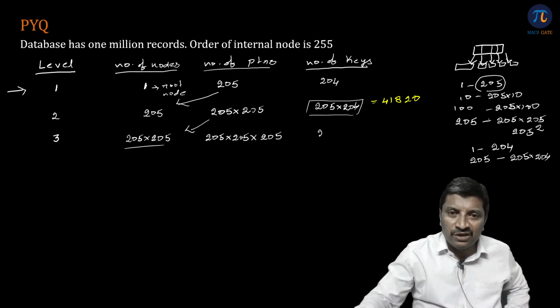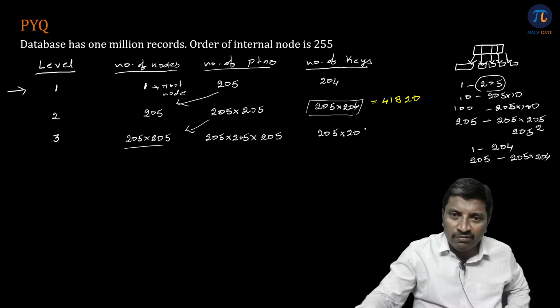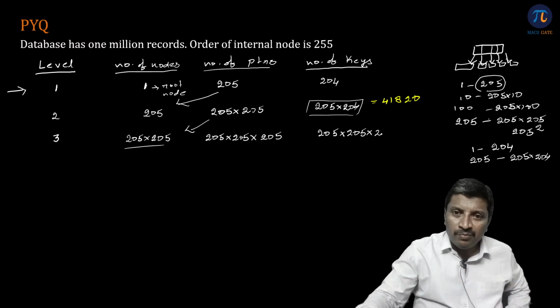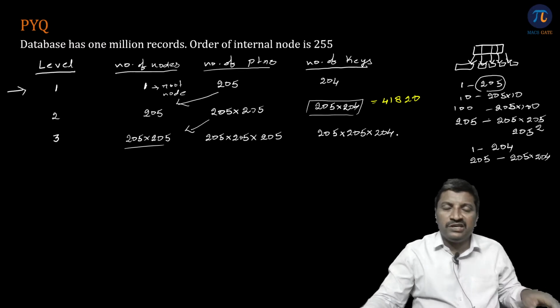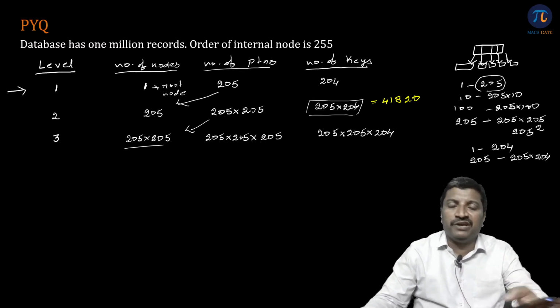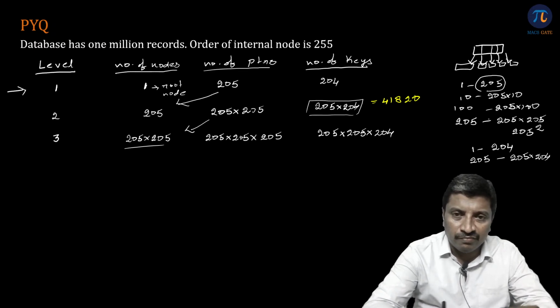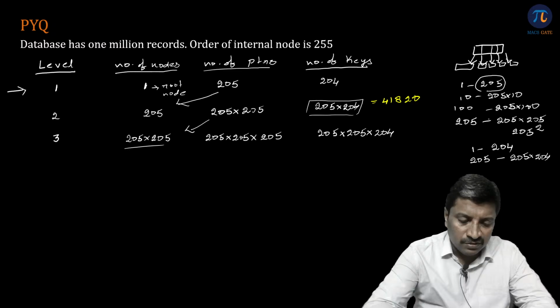How many keys can you have? 205 into 205 into 204, because one node has 204 keys. So what is that value? 205 into 205 into 204.